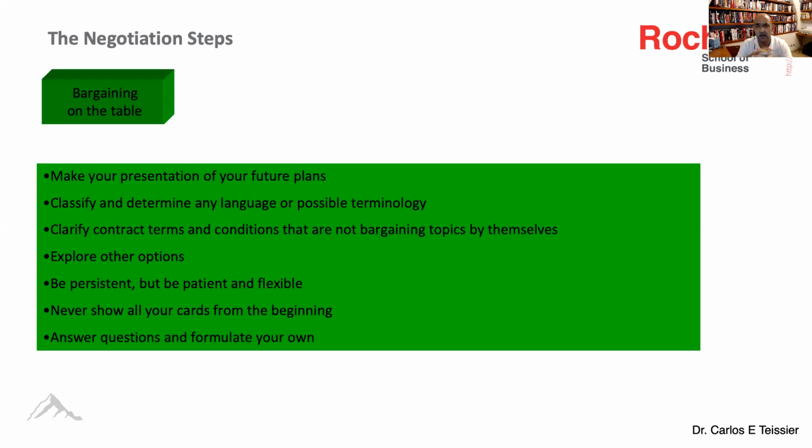You're sitting at the table and then you make your first proposal. You tell the other side, okay, this is what we would like to have. We want 10,000 pieces. We want to pay you $5 per piece.